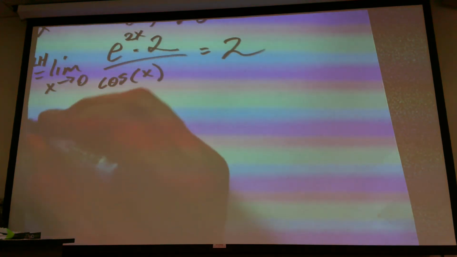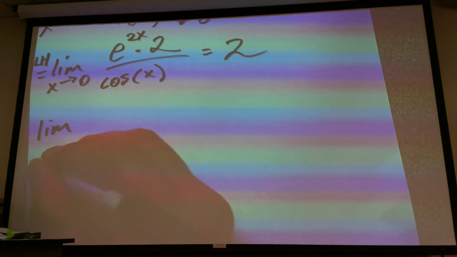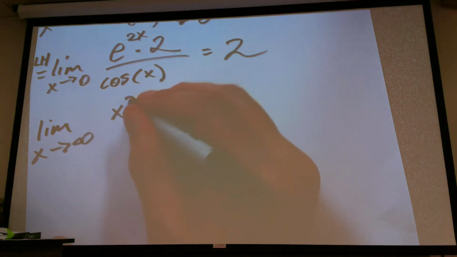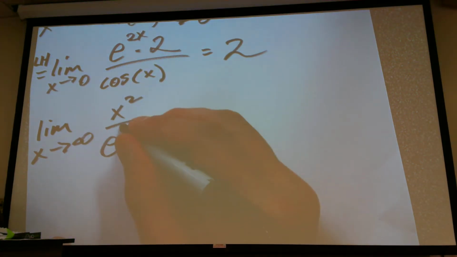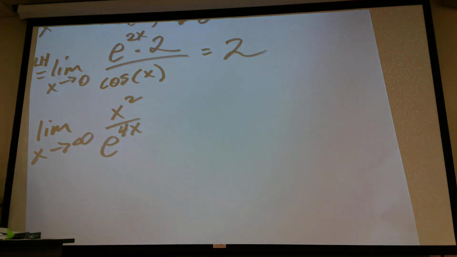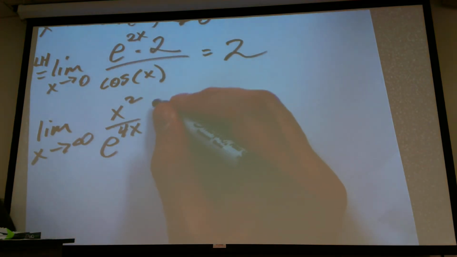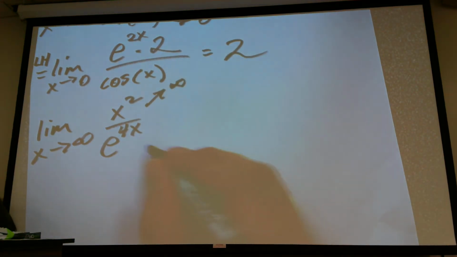Go on to the next one, let's say the limit as x tends towards infinity of x squared divided by e to the 4x. Okay. This is one of those L'Hopital problems where we're going to have to do L'Hopital's rule more than once. So that tends towards infinity.